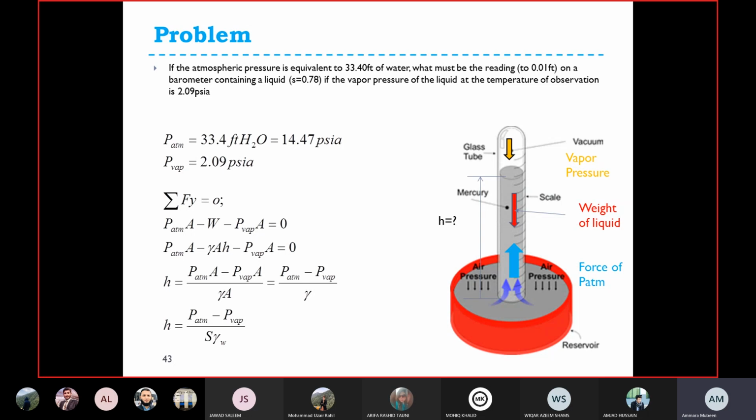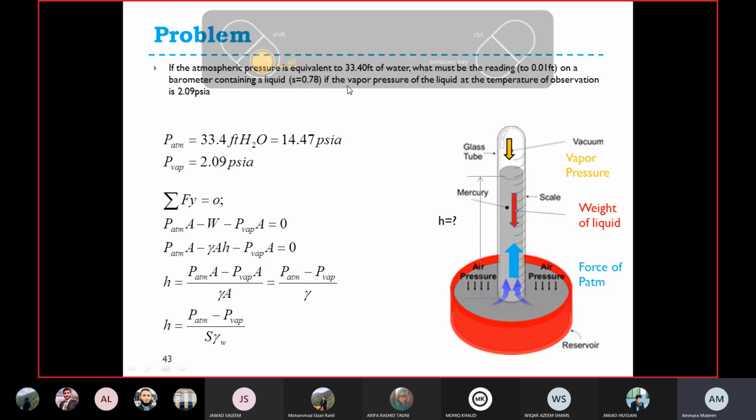Let's check it. If the atmospheric pressure is equivalent to 33.4 feet of water, what must be the reading on a barometer containing a liquid if the vapor pressure of the liquid at the temperature of observation is 2.09 psi?